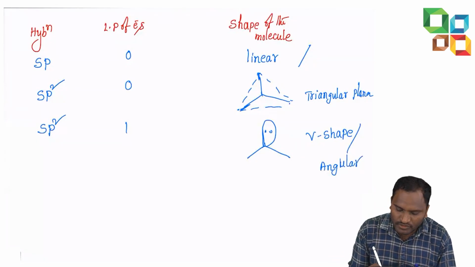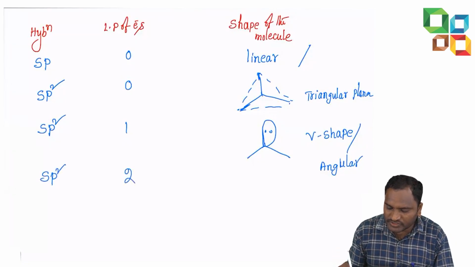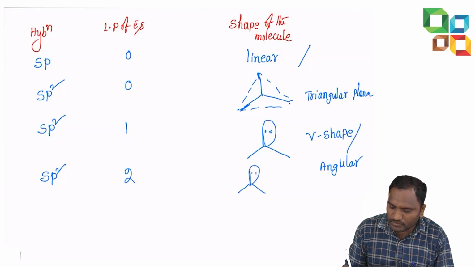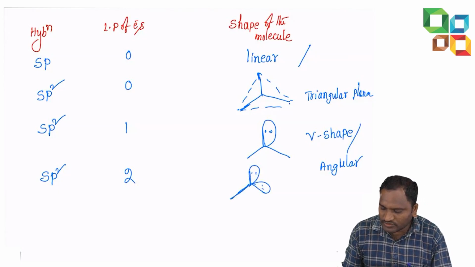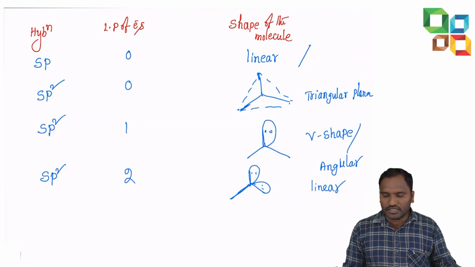With two lone pairs, if possible, the lone pairs occupy two bond positions, so the shape will be linear.